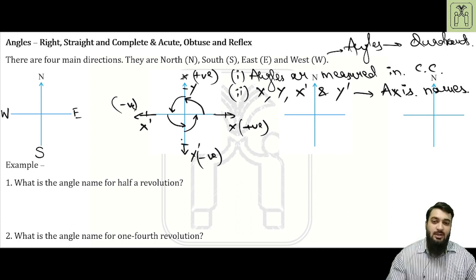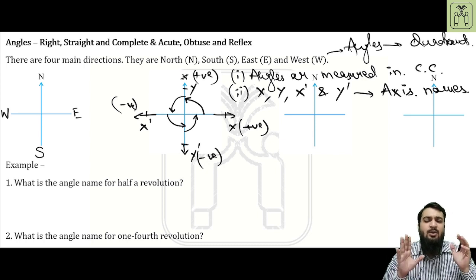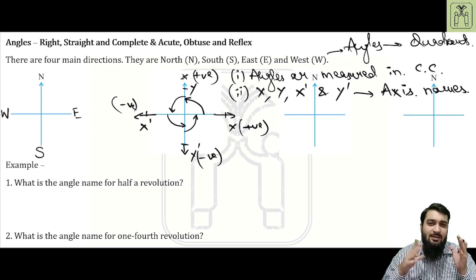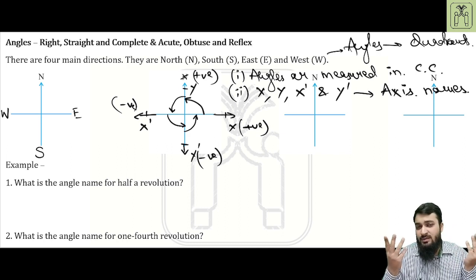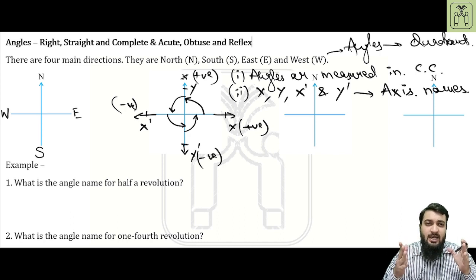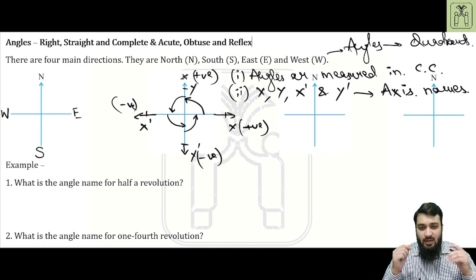This concept of x dash and y dash might not be used as of now in class 6th, but in the senior classes you will definitely get to know about it, and knowing it earlier will give you a head start compared to your other classmates.